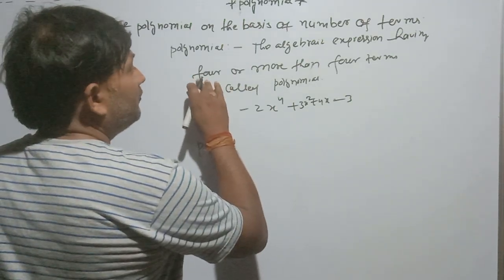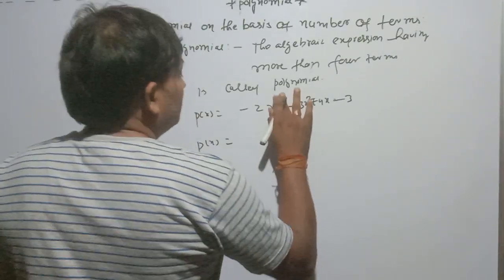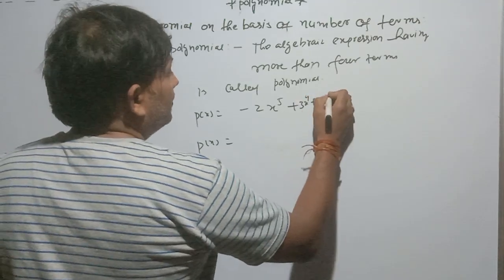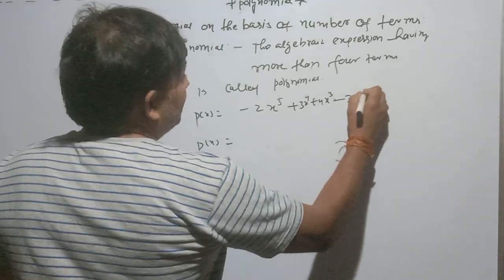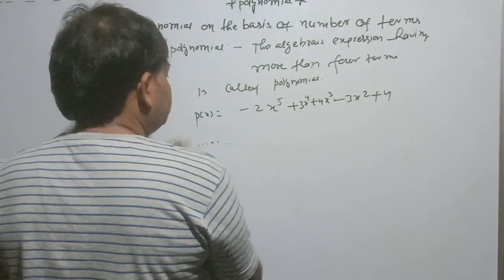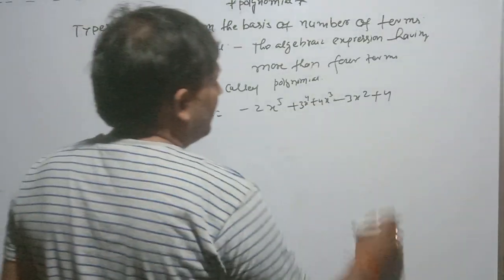Here we can write more than four terms. Here we can write 5x cube square plus 4. 1, 2, 3, 4, 5. This is called a polynomial in terms of 5.